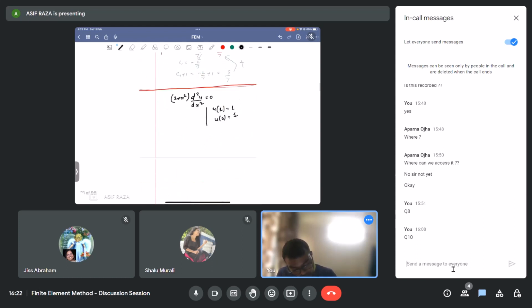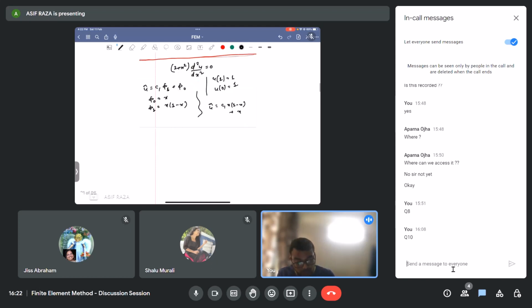U bar is C1 phi 1 plus phi naught. Phi naught is equal to x, phi 1 is equal to x times 1 minus x. So this gives me U bar as C1 x times 1 minus x plus x. Now let's solve it step by step.